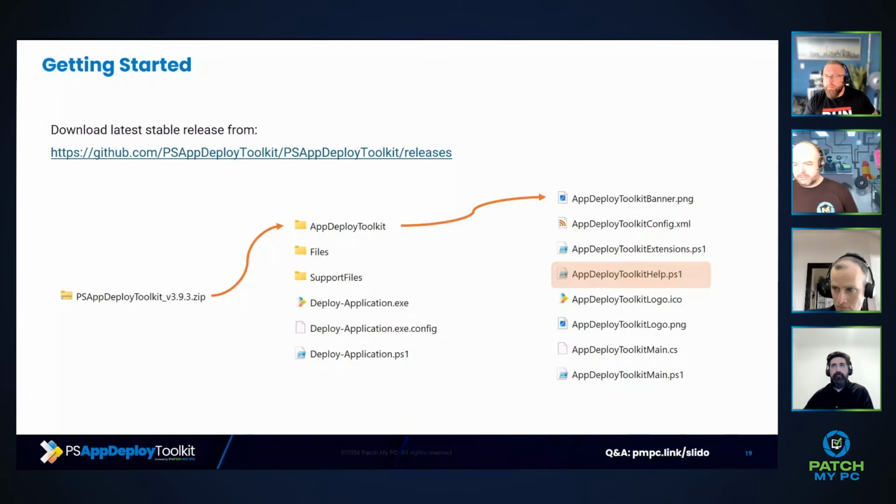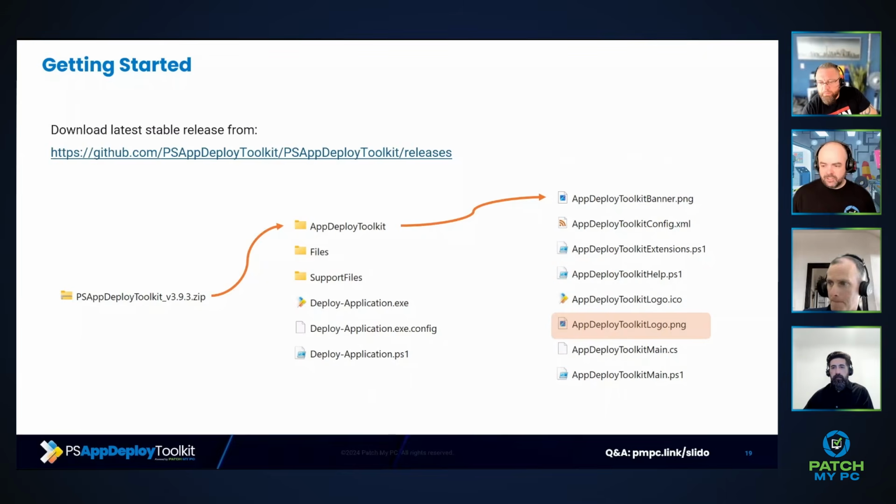AppDeployToolkit help is a script that you can run that just pops up a little user interface with a help file for all the functions. We have a logo in ICO format, which will be the icon that is visible, I think, in the top left of the dialog and perhaps on the taskbar also. And again, a PNG version of that. And I think those are all high DPI now, right? That was one of the new changes.